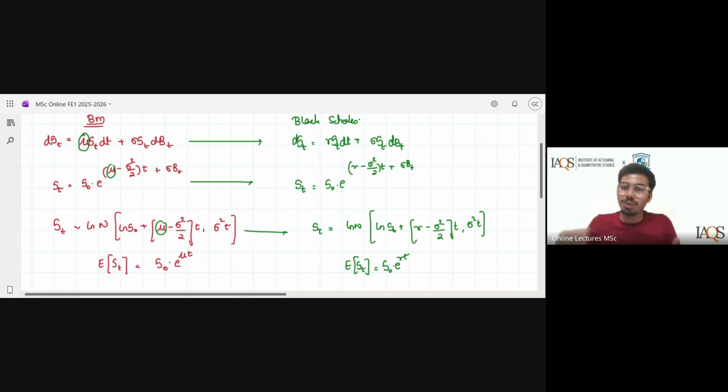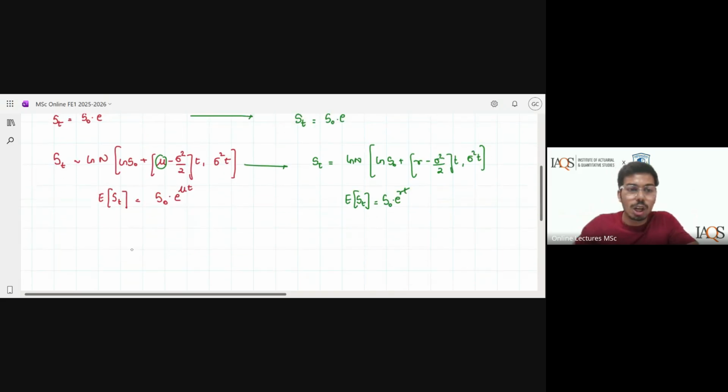All these equations, this framework, is what we'll try to derive. Logically, you all already know why this is happening.